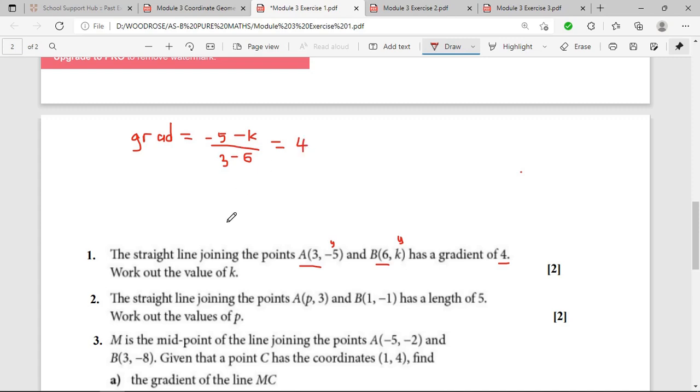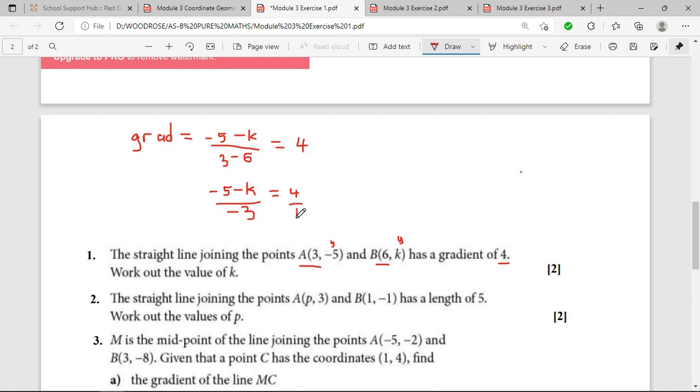Then let's simplify. We have minus 5 minus k, because we don't know the value of k, that is the one we want to find, over 3 minus 6, which is minus 3, is equal to 4. 4 is the same as 4 over 1.